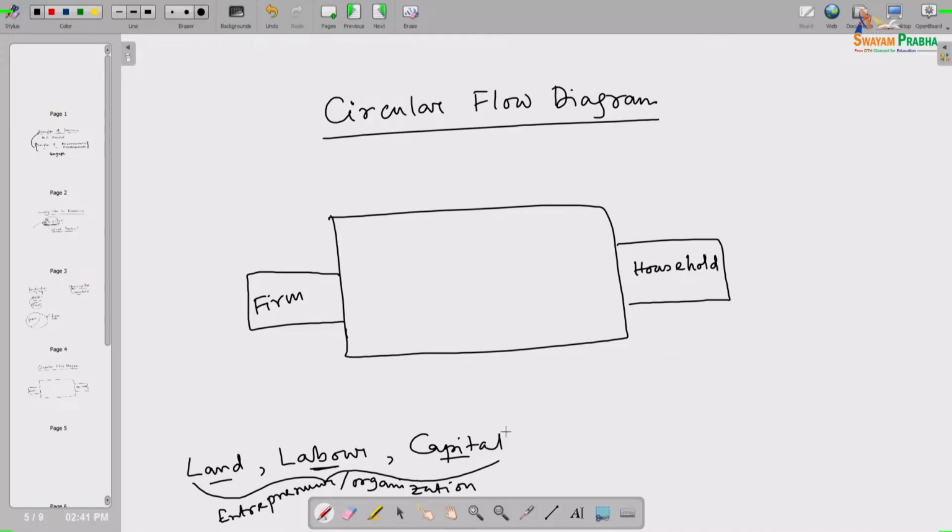In economics, capital means, yes, money is also capital, sometimes called monetary capital in economics. Machine is also capital. So, in economics, the definition of capital is that it is called produced means of production.